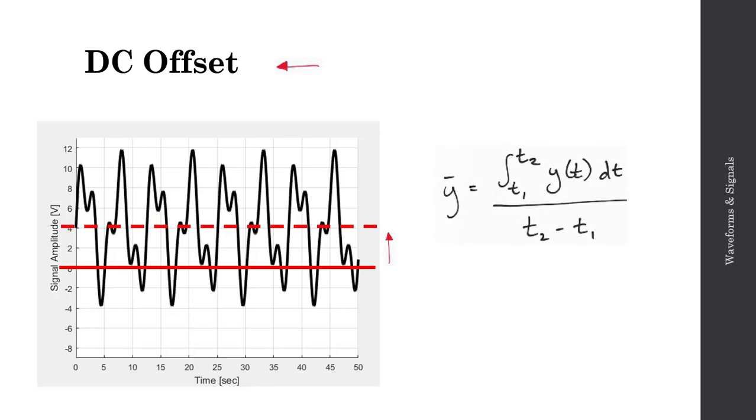The way to write this mathematically will be y bar, the average, is equal to the integral from t1 to t2 of y of t, that'll be my signal, and we'll divide that by the time period, t2 minus t1. If we were looking at a periodic signal, I'd really be integrating not from t1 to t2, but more likely from 0 to capital T. So I'd integrate across one period. But ultimately, we can apply this generic concept of a DC offset to any signal that we're working with.